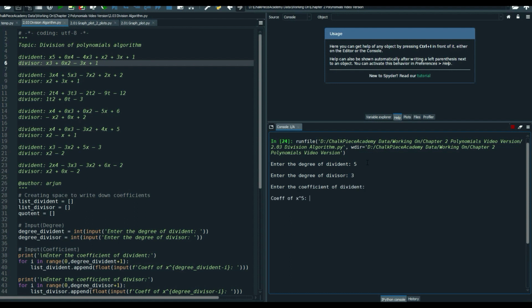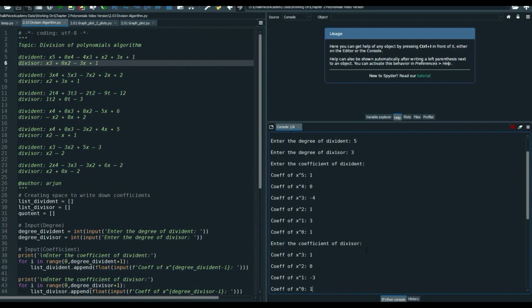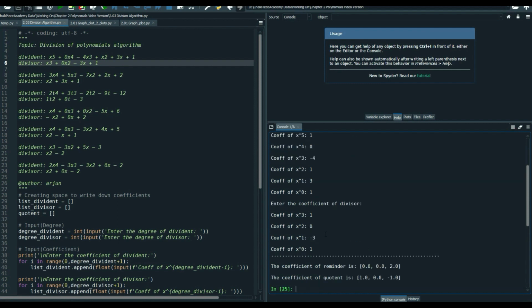We have the coefficients 1, 0, minus 4, 1, 3 and 1. Then we have 1, 0, minus 3 and 1. I hope I typed it right. Yes, our remainder is 2 and the quotient is 1, 0 and minus 1.